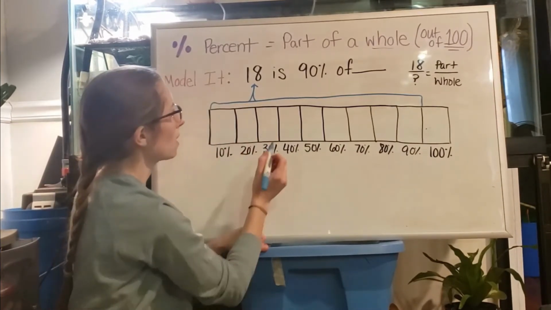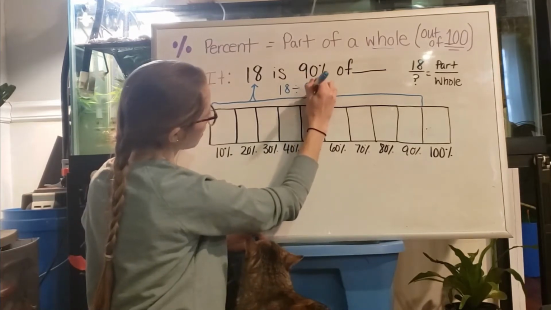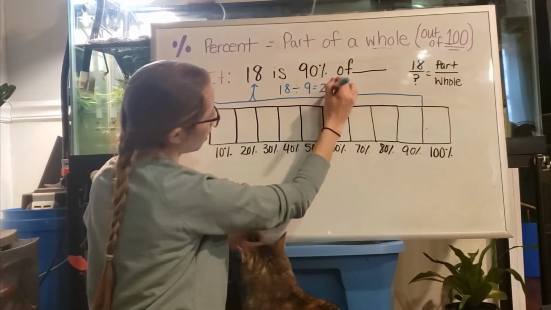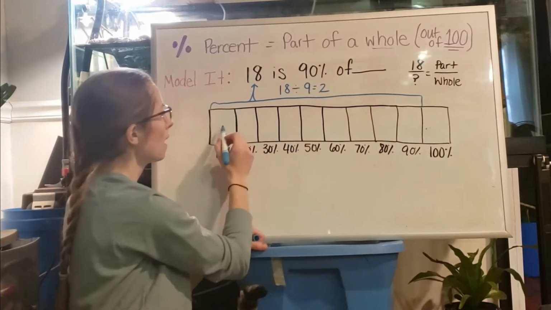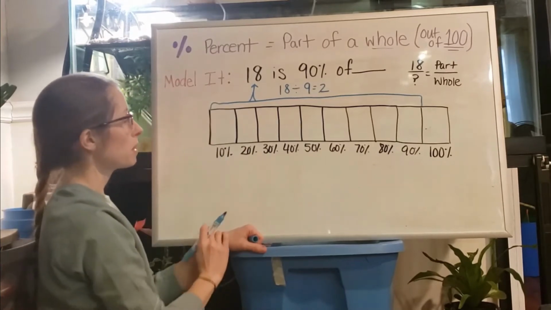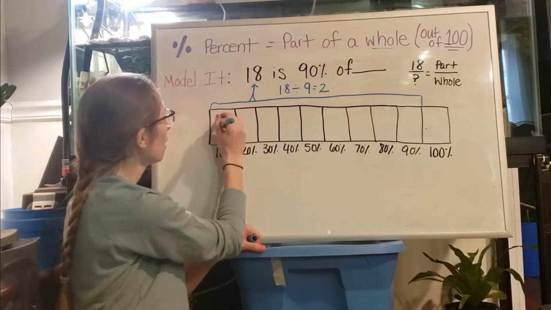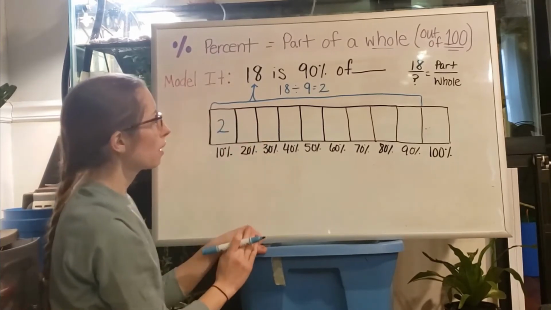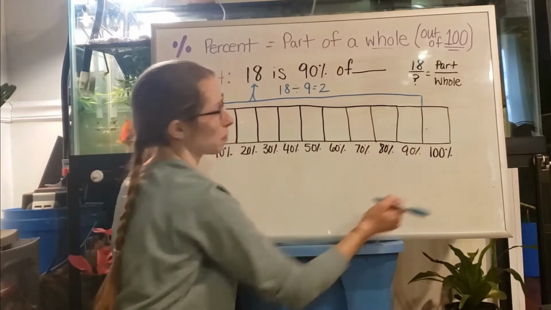So if I take that 18 and I divide it into those 9 boxes, I'm going to get a value of 2 in each box. So that means that as I'm going up by 2 for every 10%. That means one box, 10% of my total is 2. So I can go ahead and fill in my diagram and figure out what that 100% is.